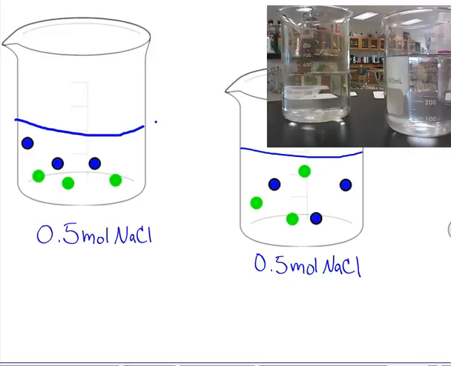Notice that I'm showing that the half of a mole of NaCl is in each beaker. Started out with 1 mole, now I'm going to say that half are in each beaker.